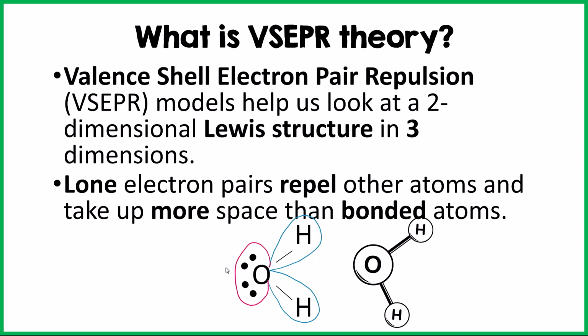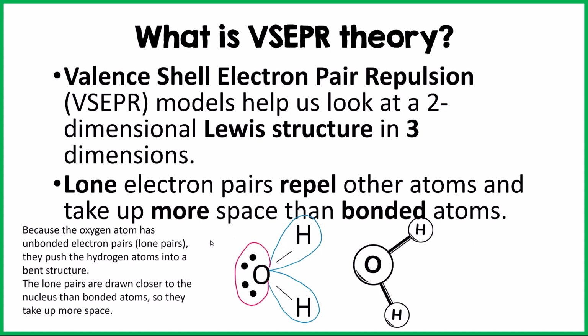If we look at the Lewis structure of this water molecule, you'll see we have lone pairs of electrons up here, 2, 4, and then we have 2 additional bonds here. So we've got our octet covered for oxygen. But these lone pairs of electrons at the top actually take up more space than these bonds of electrons over here in the covalently bonded electrons.